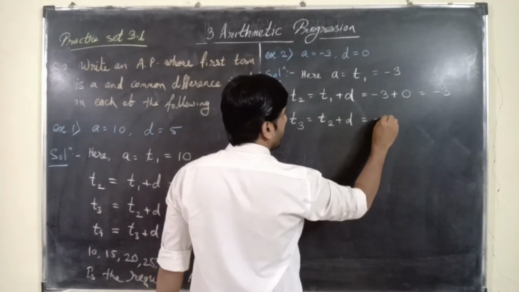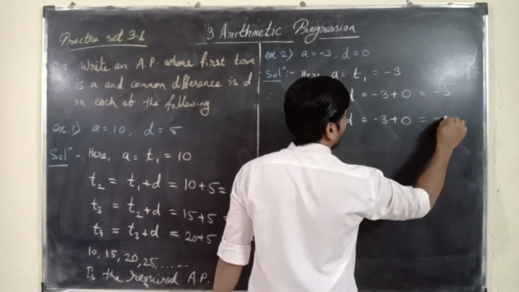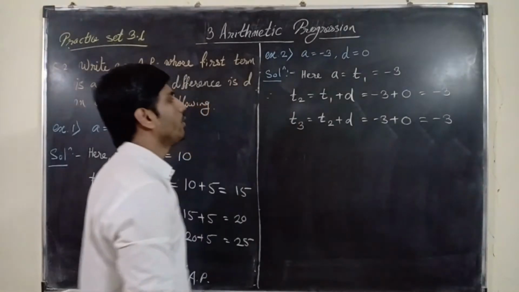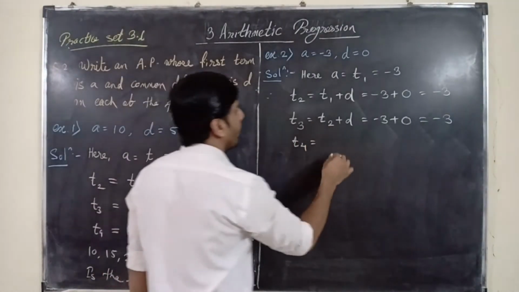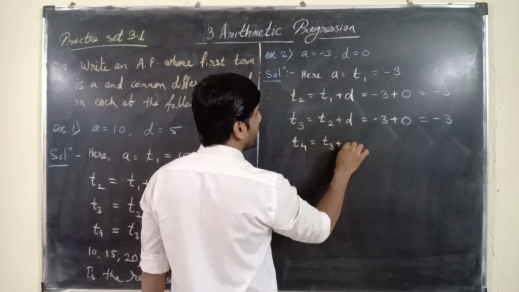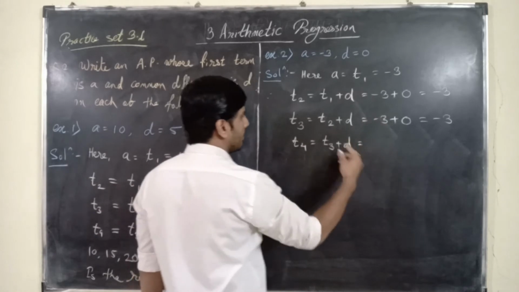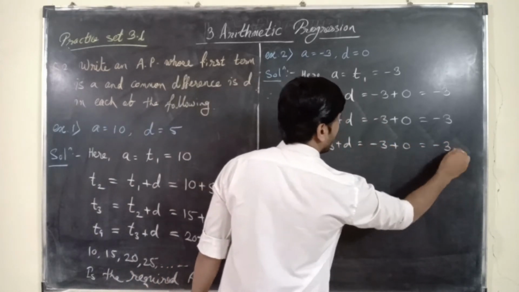Here t2 is negative 3 and we will add 0 again and we will get the same number, negative 3. Now to get t4, again we will add the common difference to its previous term, that is negative 3 plus 0, again we will get negative 3.